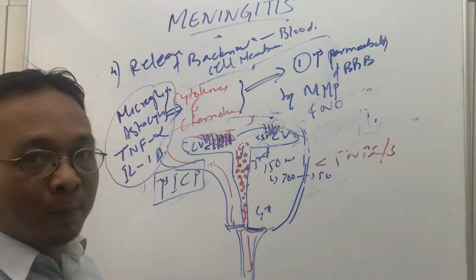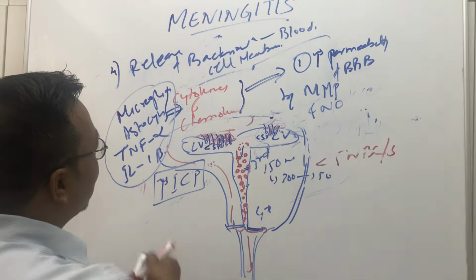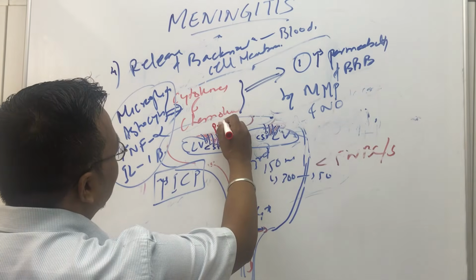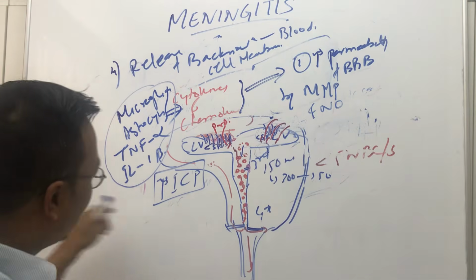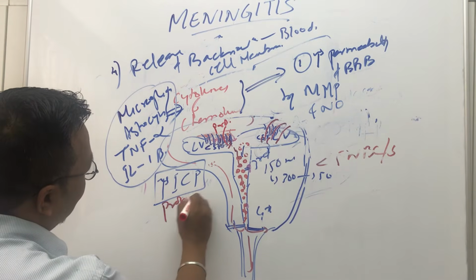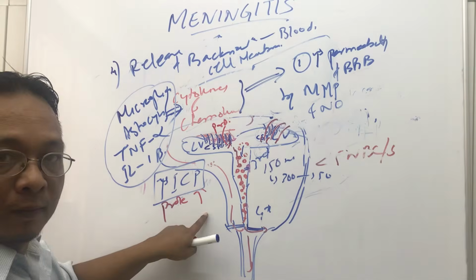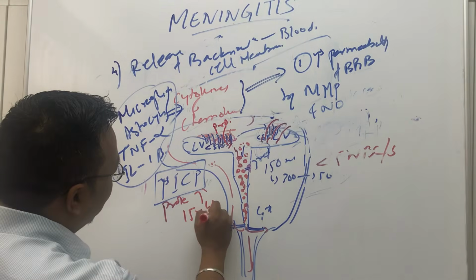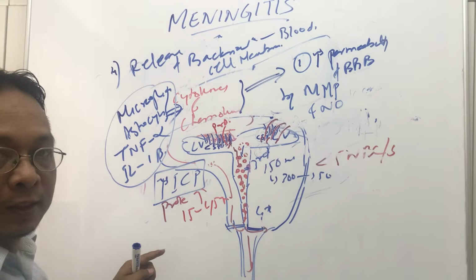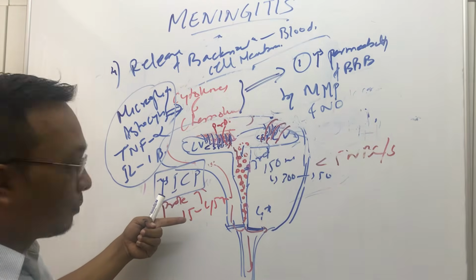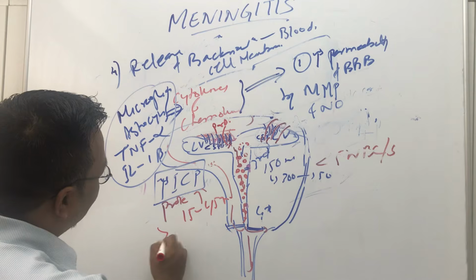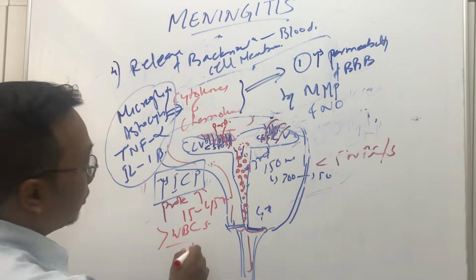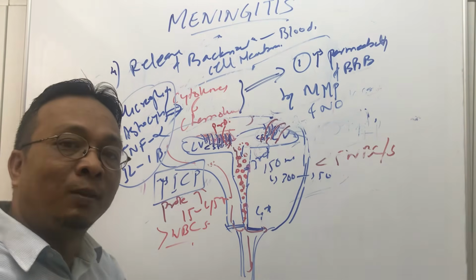Now you have increased the permeability, so lots and lots of proteins and WBCs are escaping here. So CSF protein is increased. Normally we can say 15 to 45 milligram CSF protein, but now it has increased. So do you think the CSF will still look transparent?